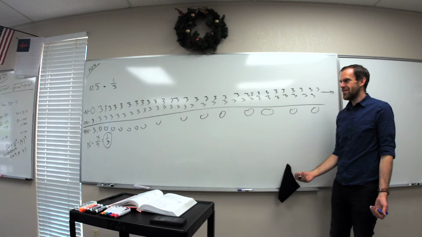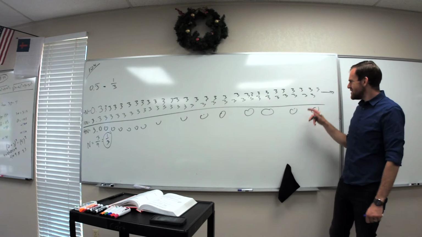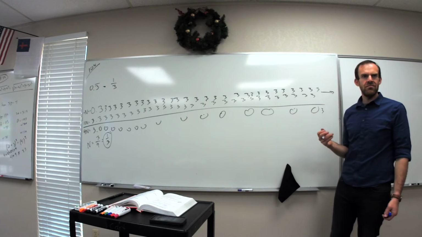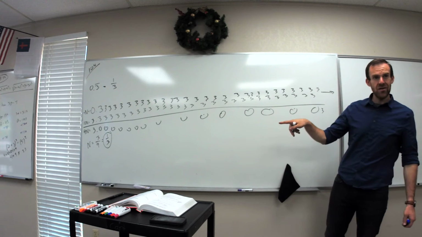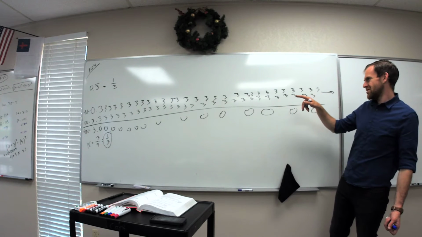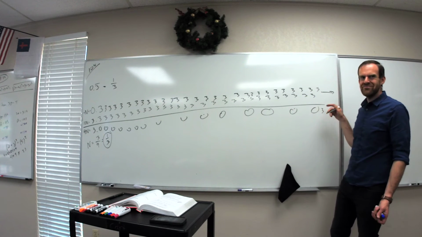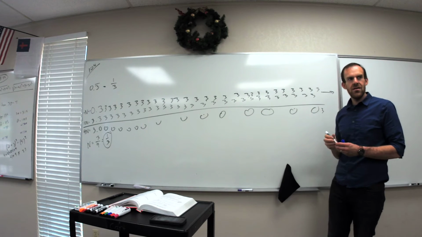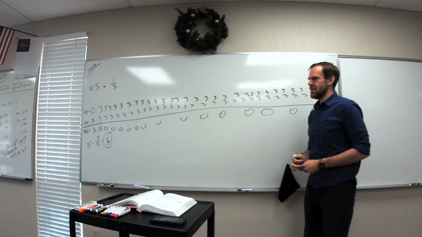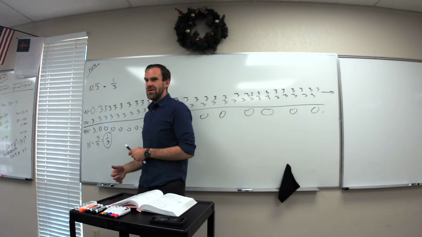Does this number even really matter if there was a 3 here? No, that number is so small, like 0.00003, it means nothing. So, at an infinite number of 3's, who cares? And you get 1/3.